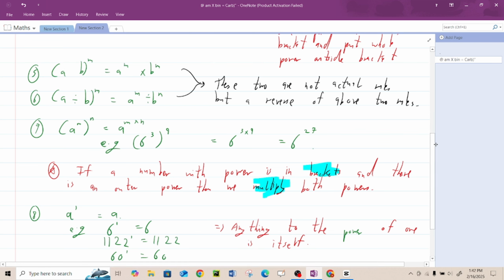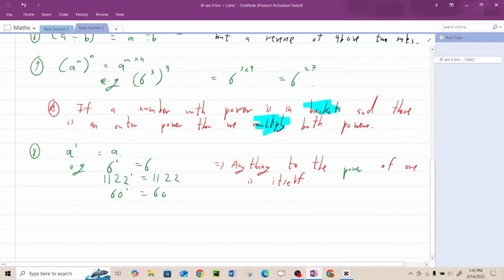Okay, now let's move on to the next one. The next rule is that anything to the power of 0 is 1. Make sure not to confuse this one with the next one we're going to do. Let's say a power 0 is 1. For example, minus 5 power 0 is 1, 1,000,000 power 0 is 1.